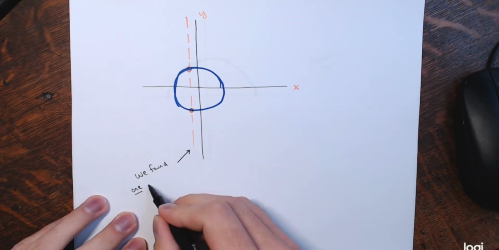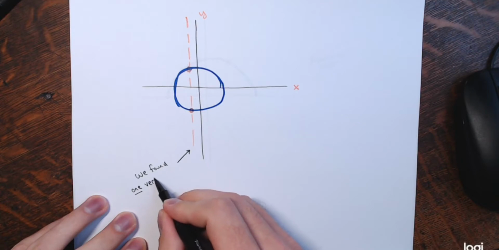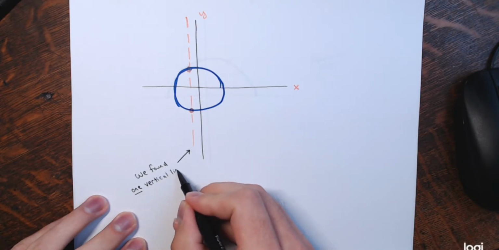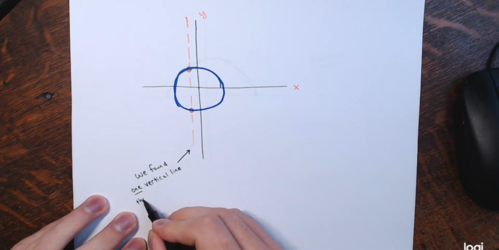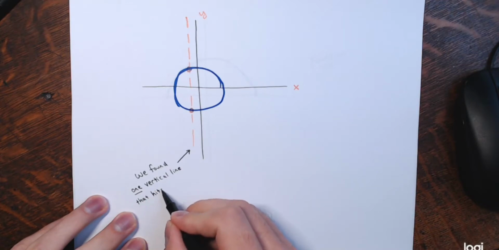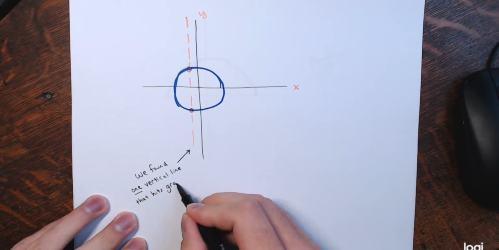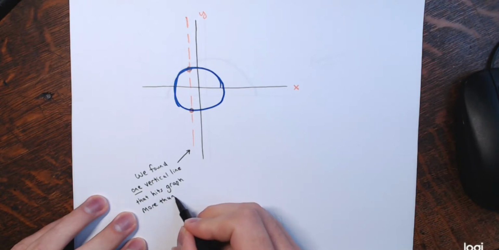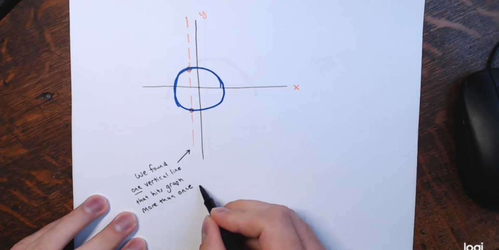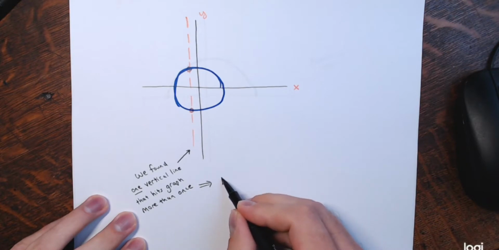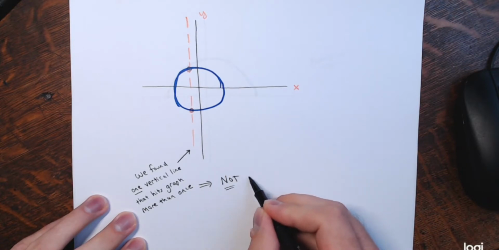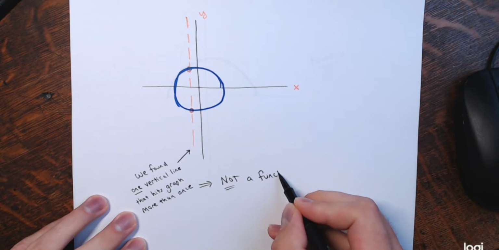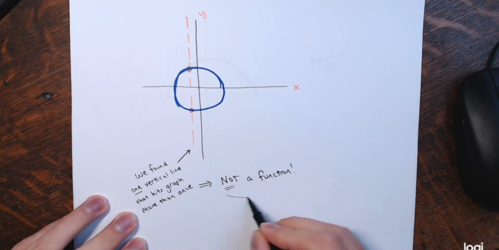That's all it takes. If you can find just one vertical line that hits the graph more than once, then the graph is not the graph of a function. Alright.